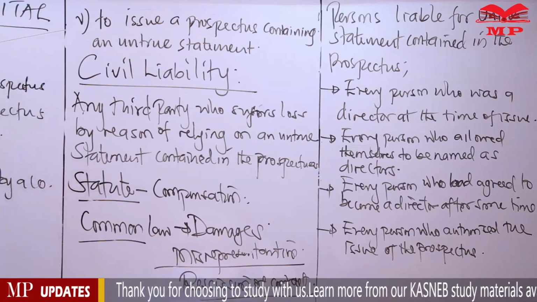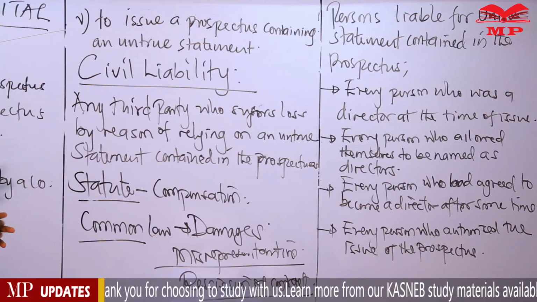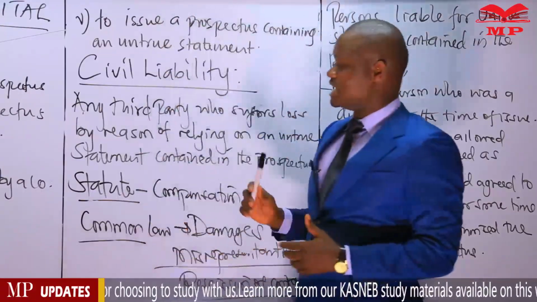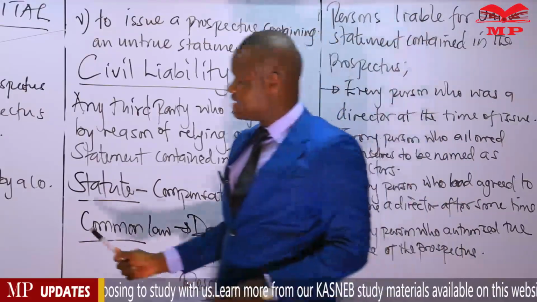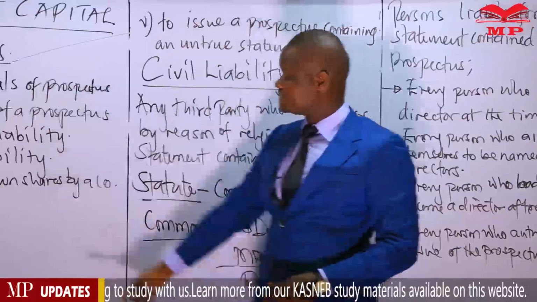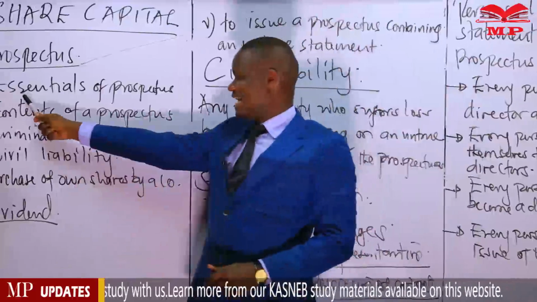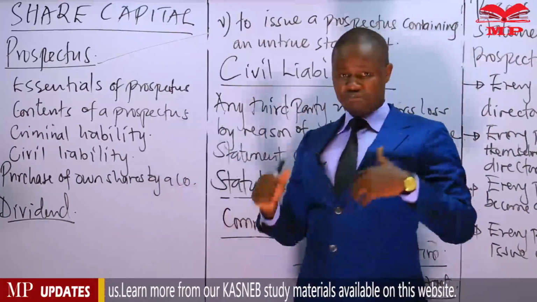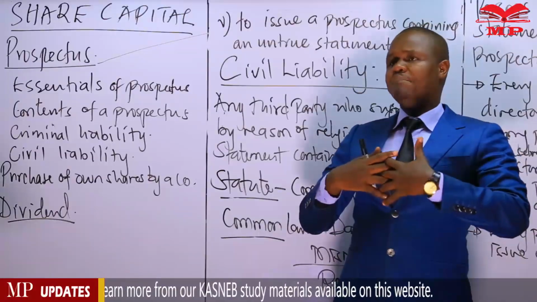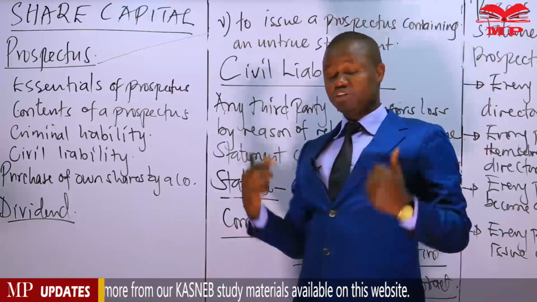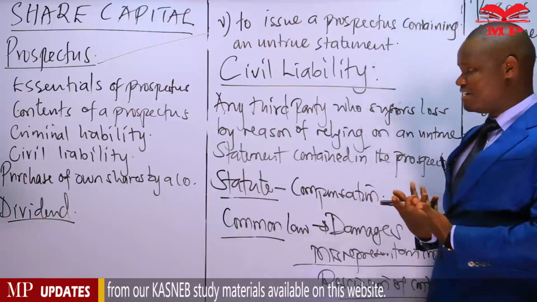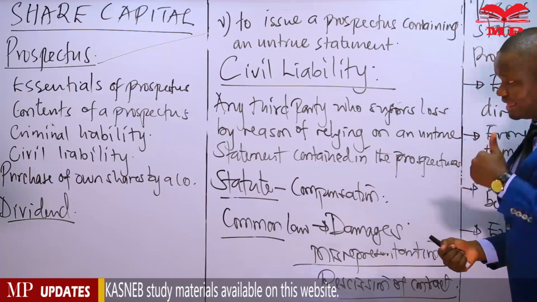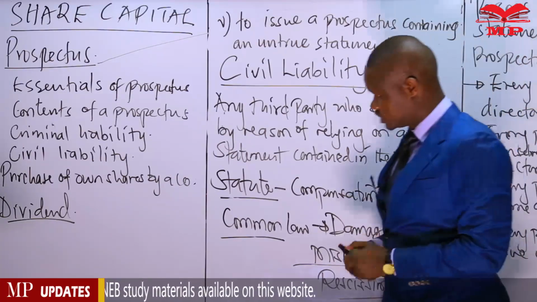So class, that is the story of the prospectus. It should be bringing us to the end of this third class. Just to recap what we have done, we have looked at what the prospectus is. We have also looked at the essentials of a prospectus. We have looked at the contents of the prospectus, which are primarily supposed to give the potential investor all the relevant information they need in order to base their decision on whether they are going to buy the shares or not.